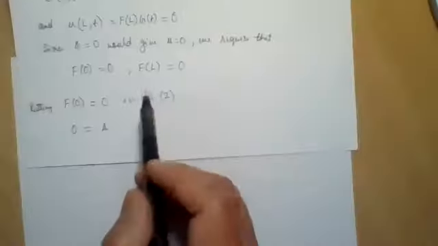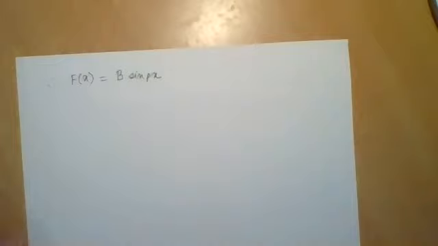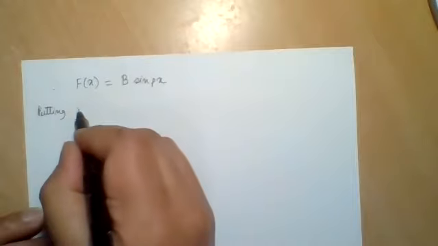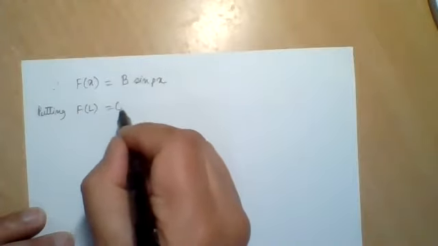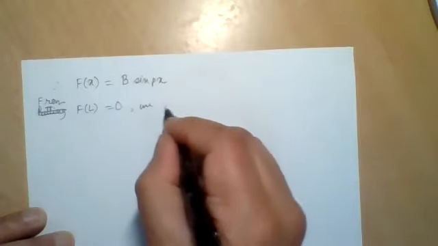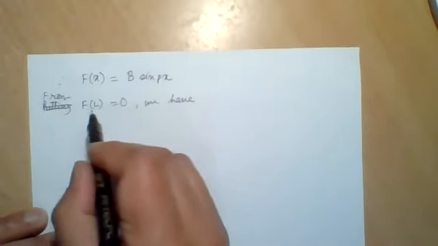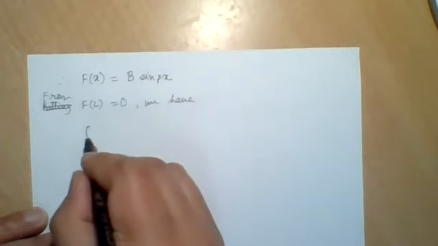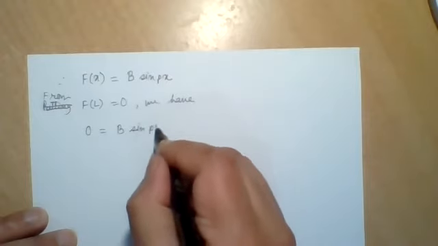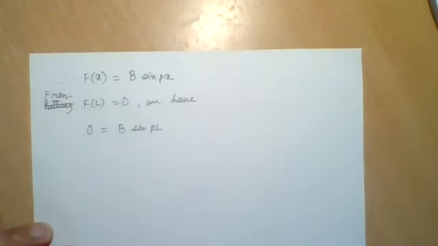Now, if I use the second boundary condition, that is when x is equal to L, f should be 0. So putting f of L equal to 0, I should get 0 equal to b sine pL.